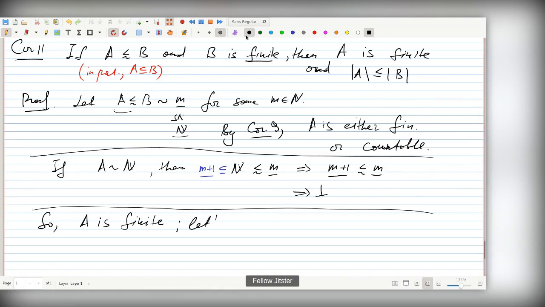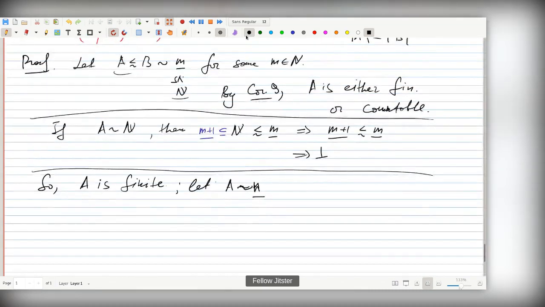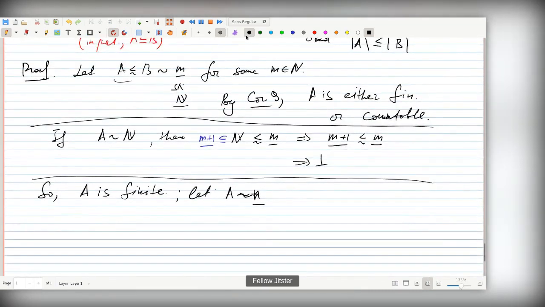Let us consider its cardinality. Let us take this unique n such that A is equivalent to n underlined.